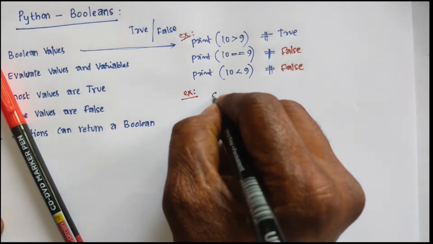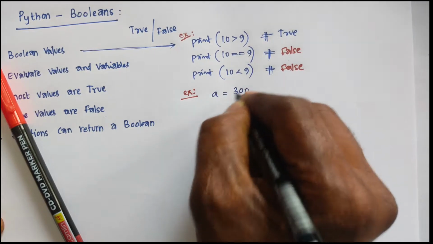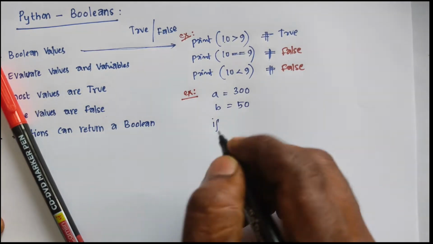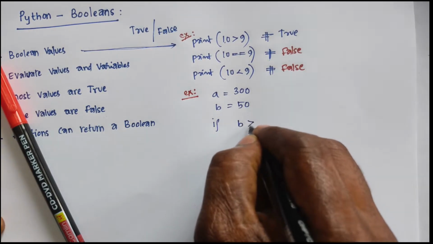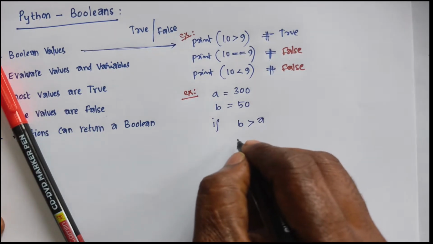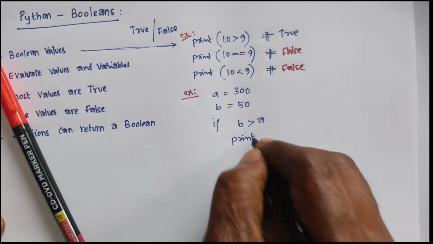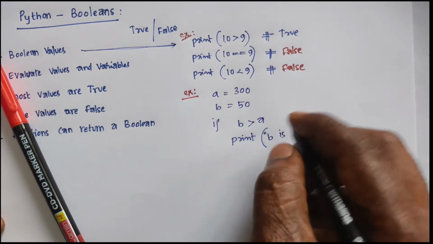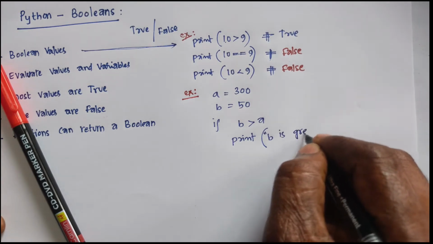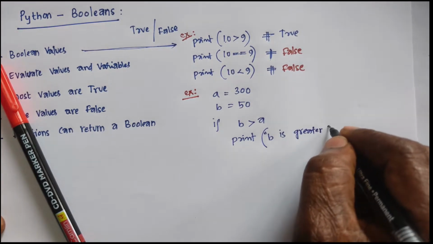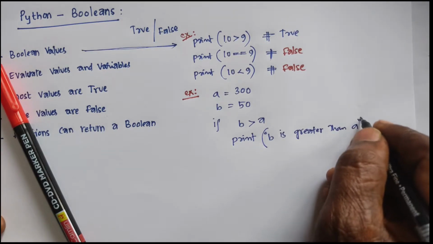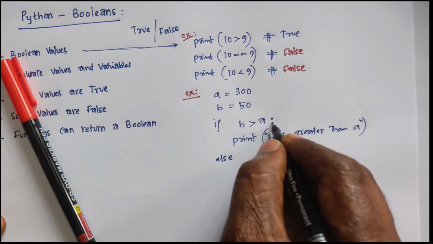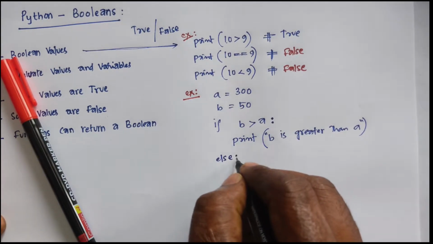Here, for example, a = 300 and b = 50. Then you can apply the if condition: if b > a, then you write print("b is greater than a") if the condition is satisfied, else. After the if, you have to use a colon. Next, else also takes a colon.